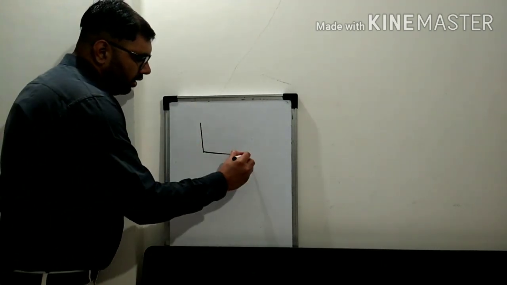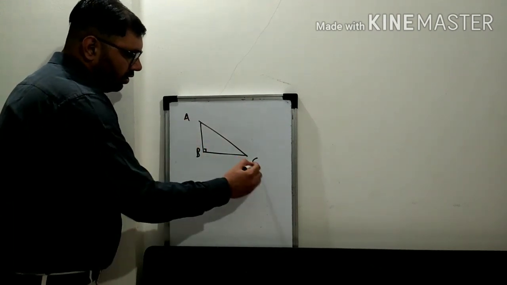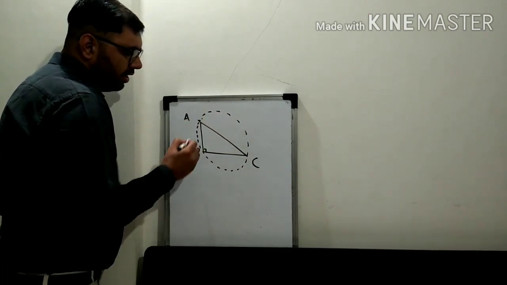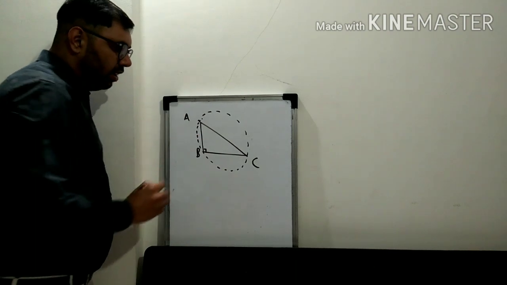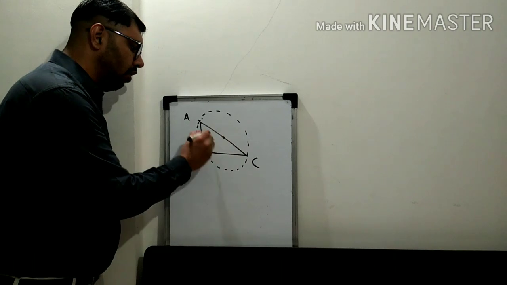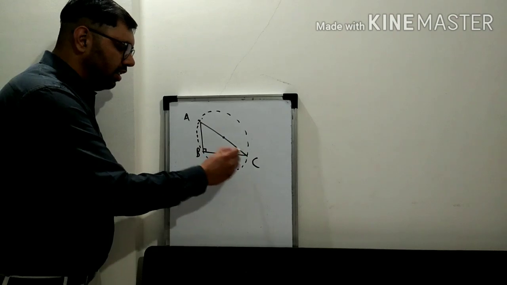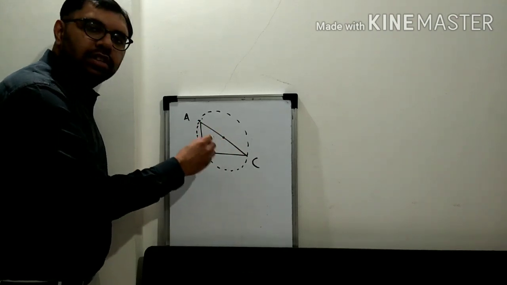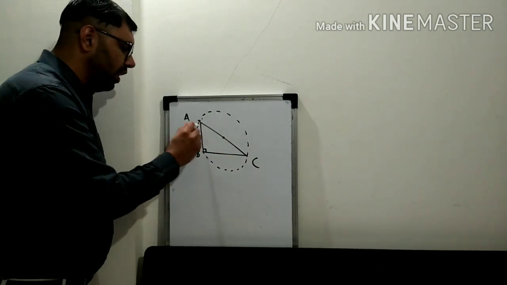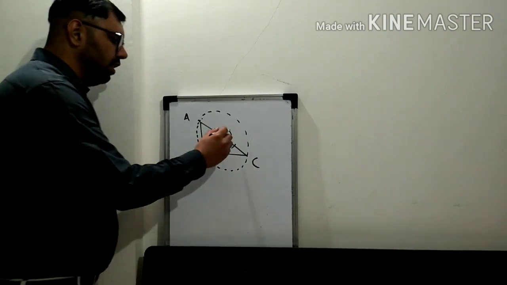If I draw a triangle like this, suppose this is point B, this is point A, and this is point C. If I draw a circumcircle, always remember, as I told in class also, that the hypotenuse of the right angle triangle becomes the diameter of the circle. Why? Because the angle in a semicircle is 90 degrees. So this angle is 90 degrees. Therefore, this triangle ABC will be enclosed in the semicircle, so this has to be the diameter. If AC is the diameter, O, the midpoint of the hypotenuse, will become the circumcenter.